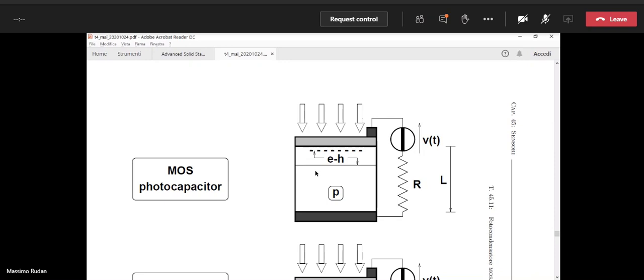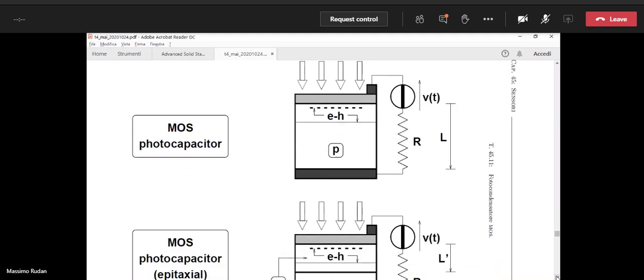We want to start integrating the signal of the device again for the next signal. So the next analysis is a calculation of the duration of the sampling time for the MOS photocapacitor.